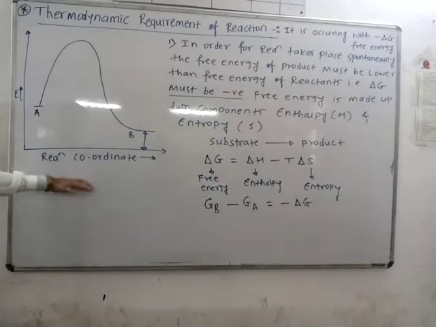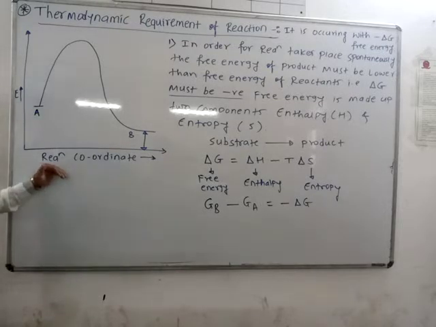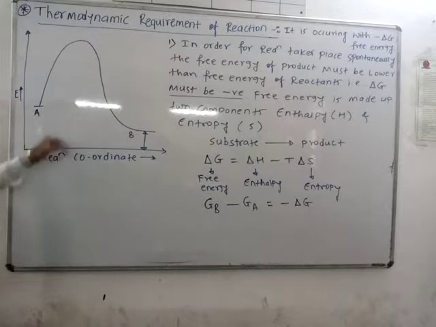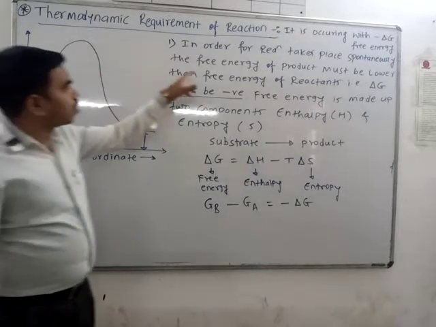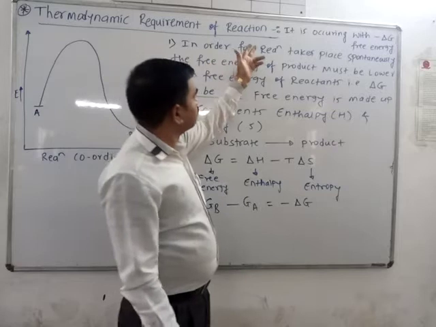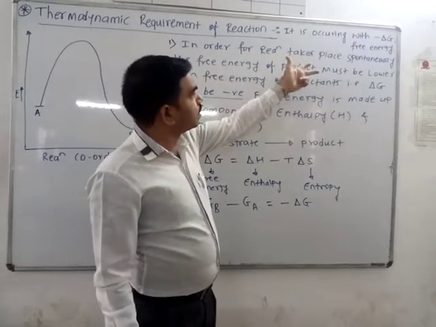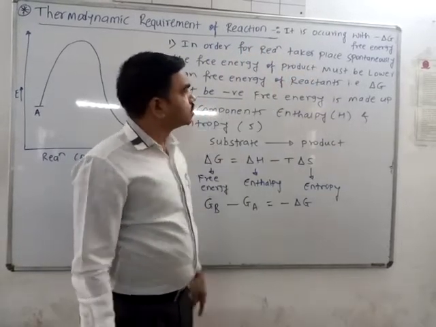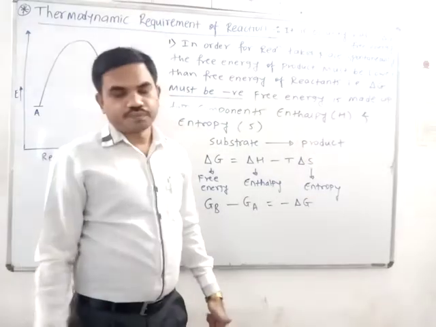So this is a general graph, with energy on the y-axis and reaction coordinate on the x-axis. Such a graph we have seen in our SN1 and SN2 reactions. So see here, for a reaction to occur with a negative delta G free energy.